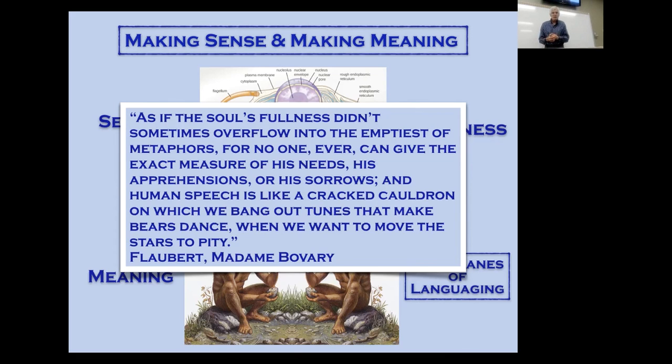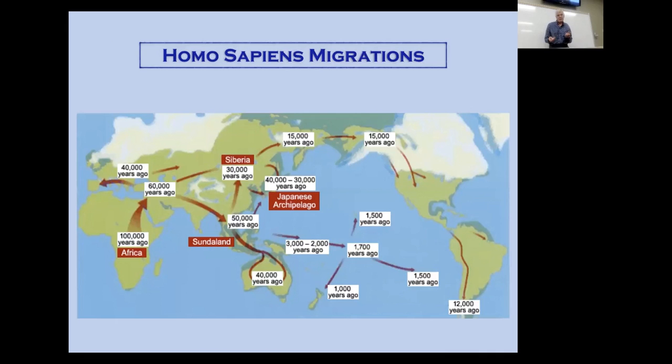And human speech is like a cracked cauldron on which we bang out tunes that make bears dance, when we want to move the stars to pity. I just thought that that was beautiful, but it comes to the fact that we all have our own meanings, and we can never fully express that with other people, which is one of the complications of relationships.